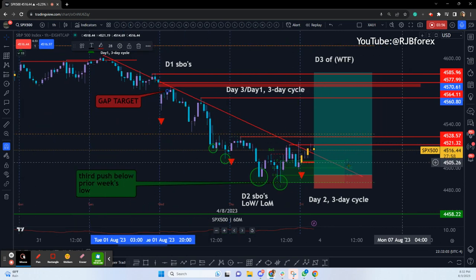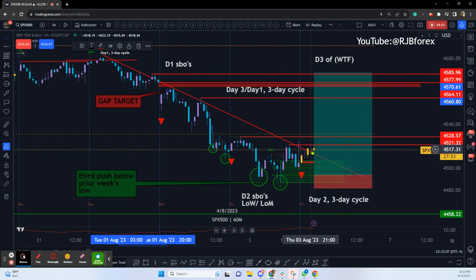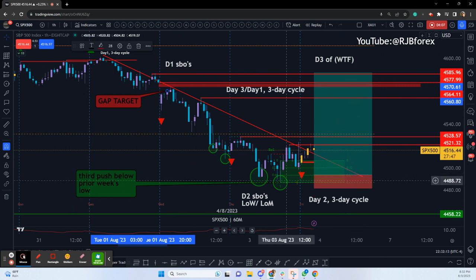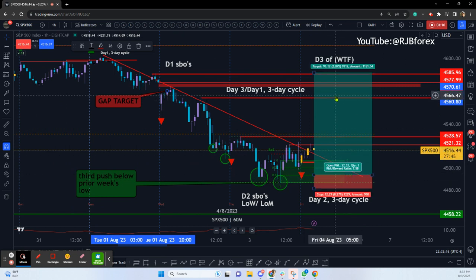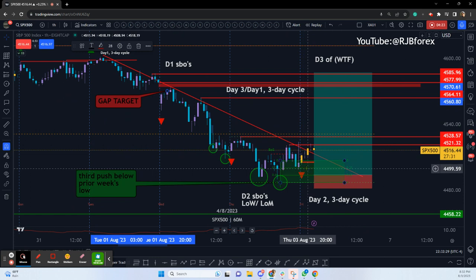Now, what would be nice is to see an attempt lower to catch the market low for a very nice reward for one risk, 7.5 R to the upside. That would be ideal, but obviously we just need to see how Asia and London plays out.